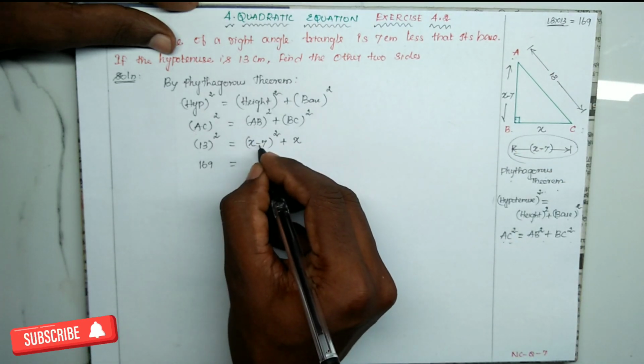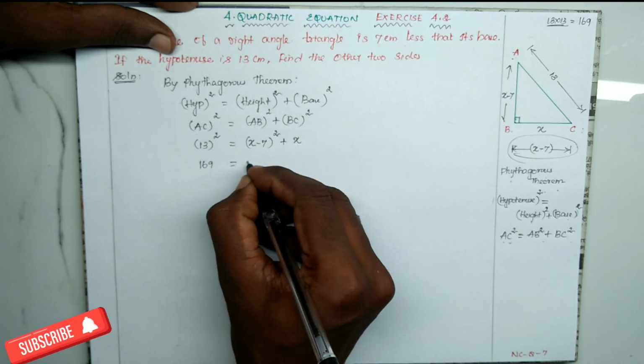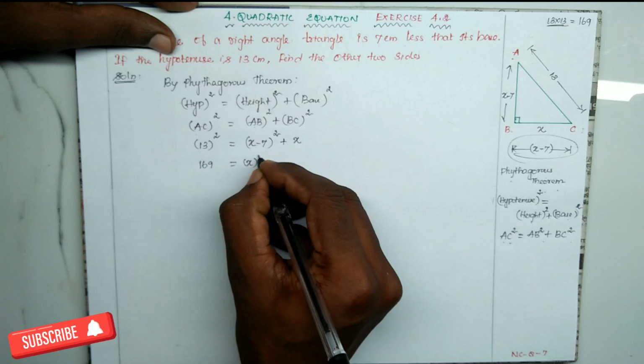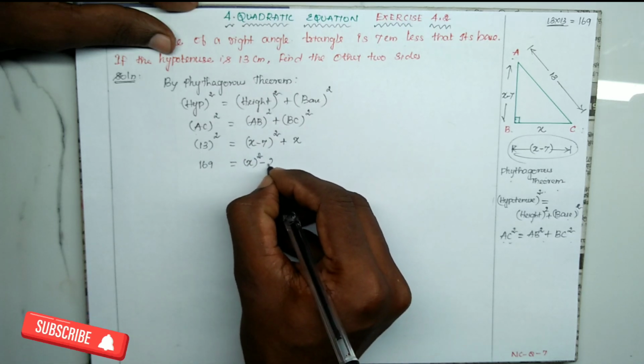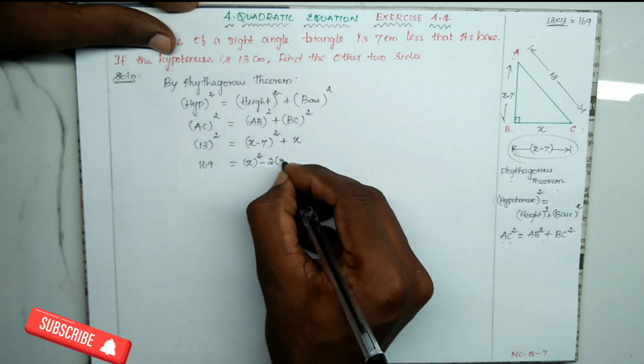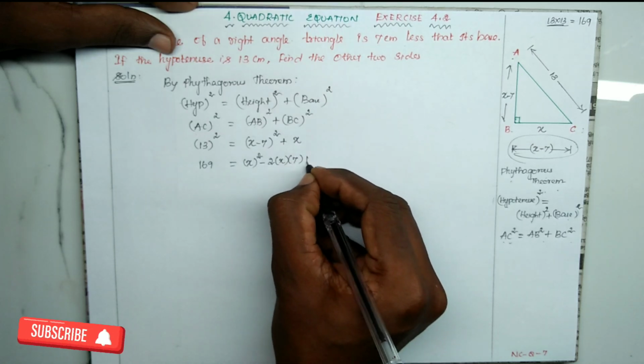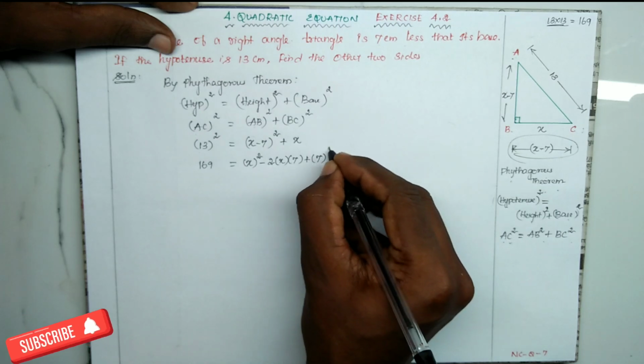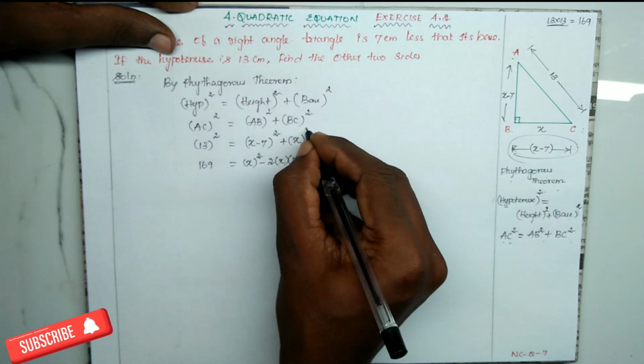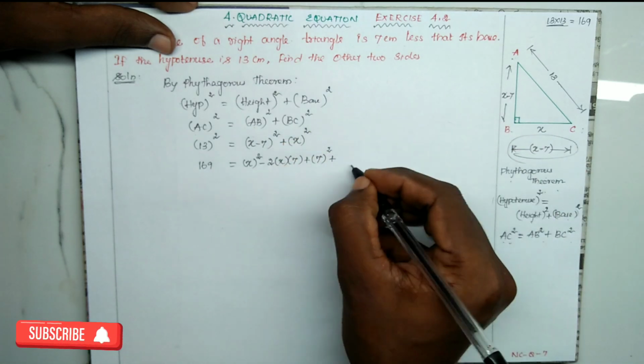Now this is in the formula of (a minus b) the whole squared. First a squared, and in the place of a we have x, so x squared, minus 2 into a into b, where a is x and b is 7, plus b squared, that is 7 squared. And here we have x squared, since BC is x and we square it.